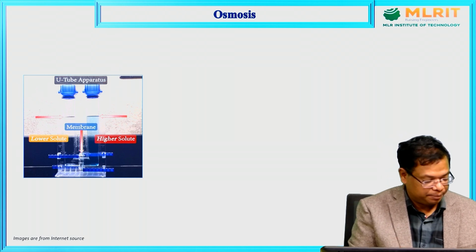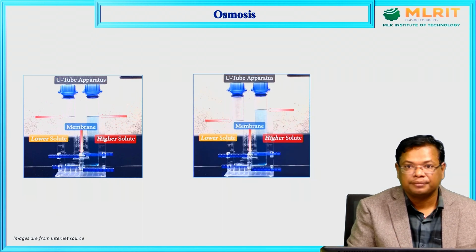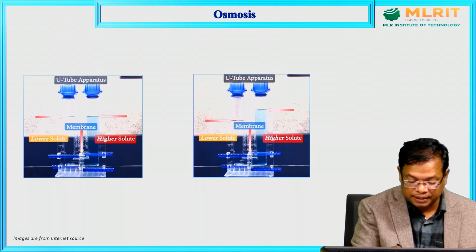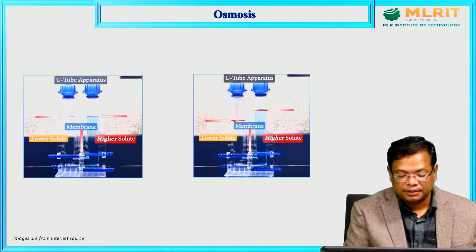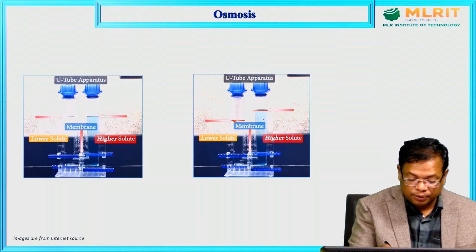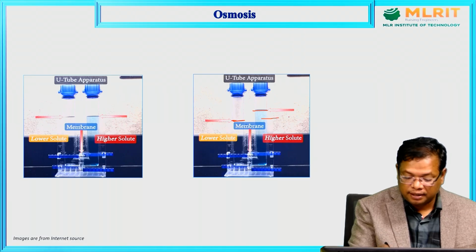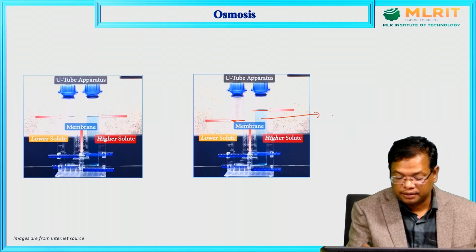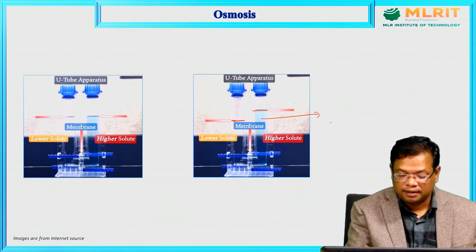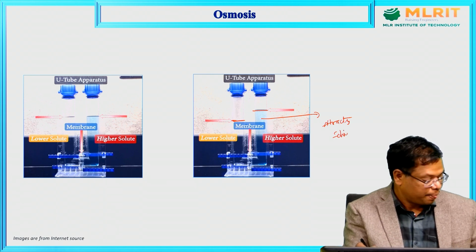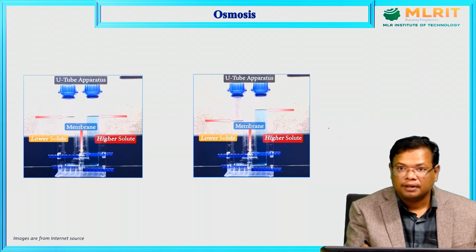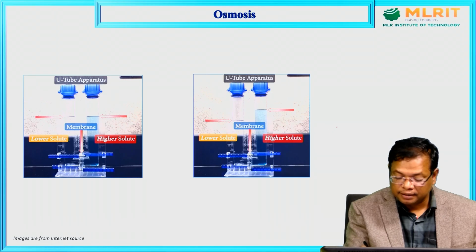So, after some time, if you look at the levels of these liquids, here is high, here is lower. What is happening there? Actually, the solute particles in the concentrated solution always attract solvents.